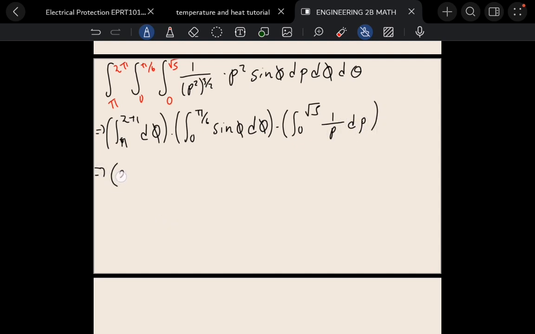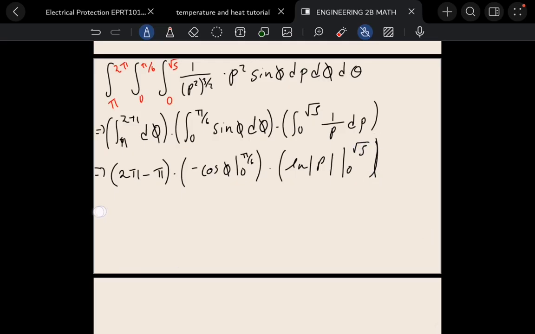This one here is going to be 2 pi minus pi. If you integrate that, the other one is going to be negative cos phi between 0 and pi over 6, times, this is just going to be ln rho between 0 and root 5, like that. So this is actually going to be pi.